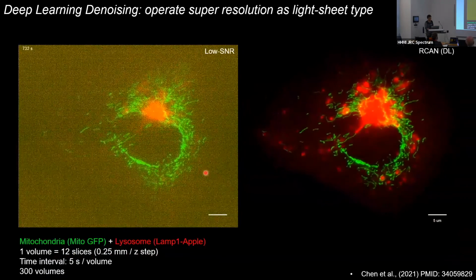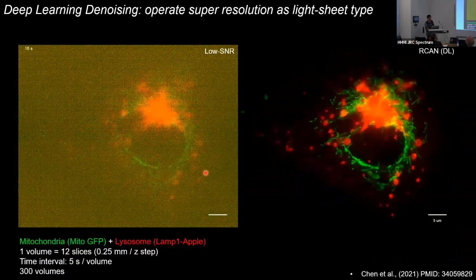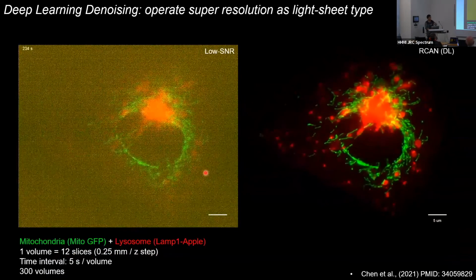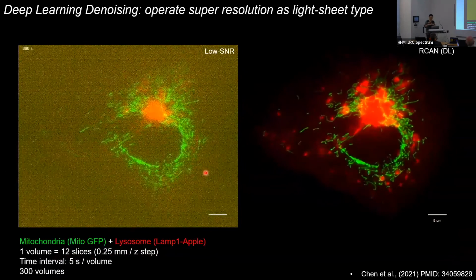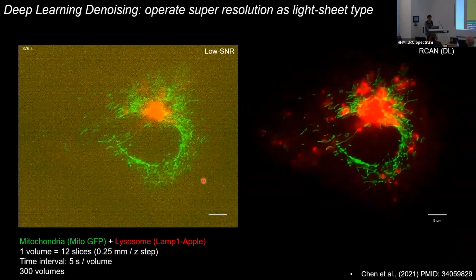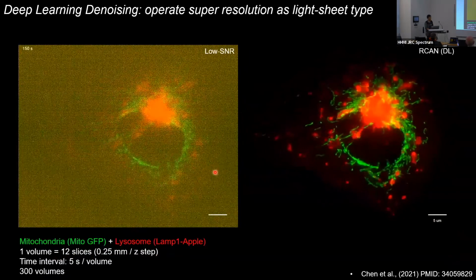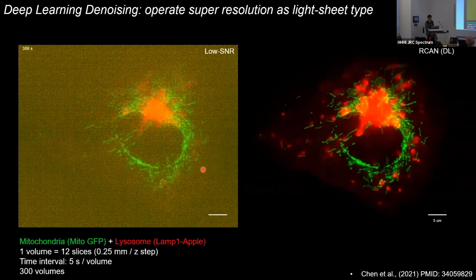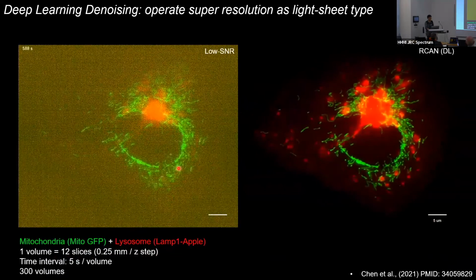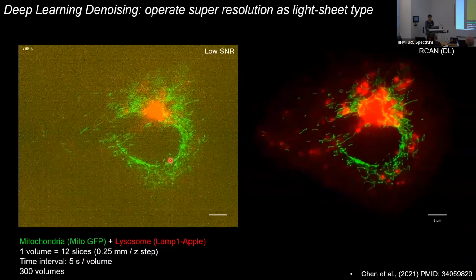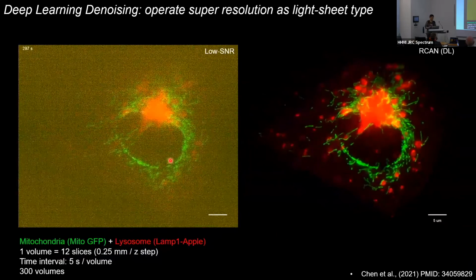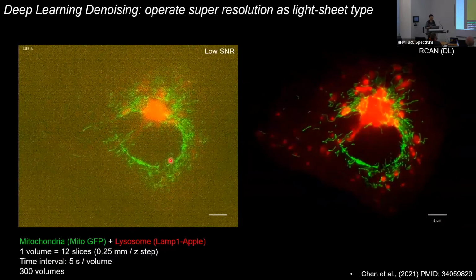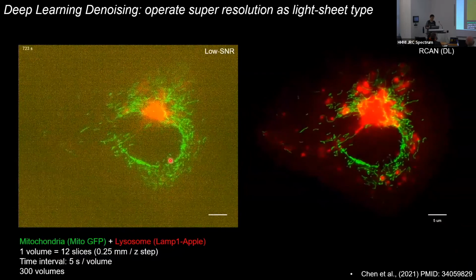And most super resolution microscopes illuminate throughout the samples, so they are not light sheet type microscopes. So bleaching is quite a serious problem. But if the laser power is low enough, the photobleaching rate is small relative to the fluorescent protein synthesis rate. Then, theoretically, you can do imaging with unlimited time.